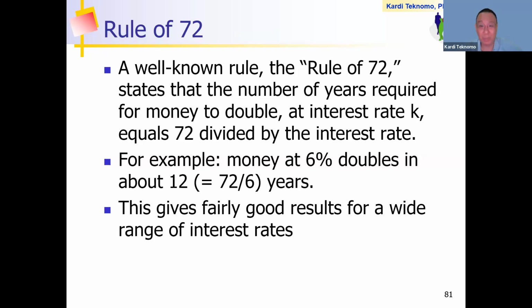This is an approximation. The well-known Rule 72 means that the number of years required for the money to double at a certain interest K equals 72 divided by that interest rate. For example, at 6%, your money will double in 12 years.